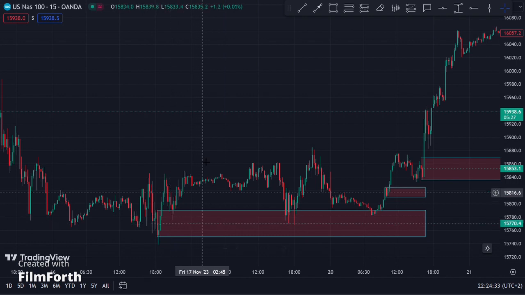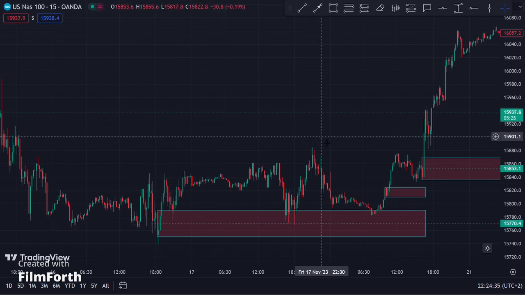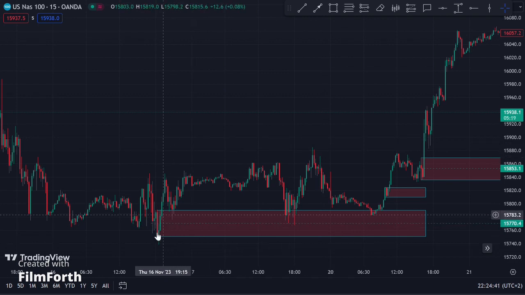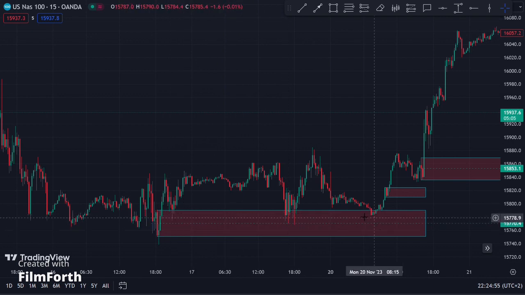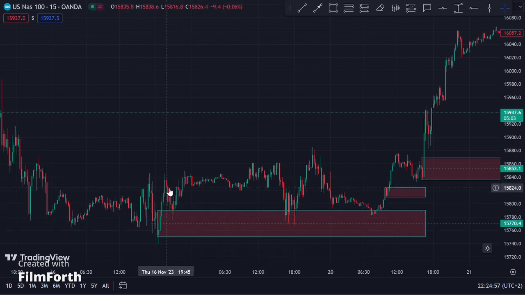And that's not a coincidence. That's a confluence. This is a good confluence because right here, we have two reasons to buy: the 50% mark of the order block and also a fair value gap in that area that we reacted from 1, 2, 3. So this was a powerful area, and this happened last week Thursday.